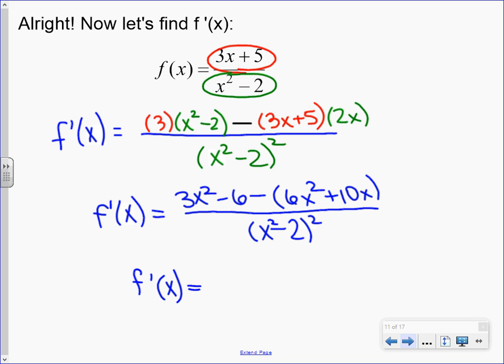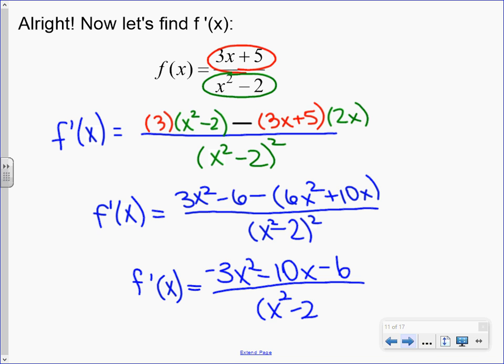Then if we combine like terms, we have 3x squared minus 6x squared and minus 10x minus 6 all over our denominator squared. There's our derivative.